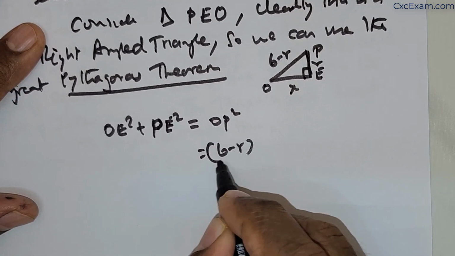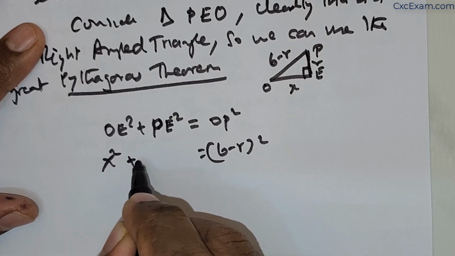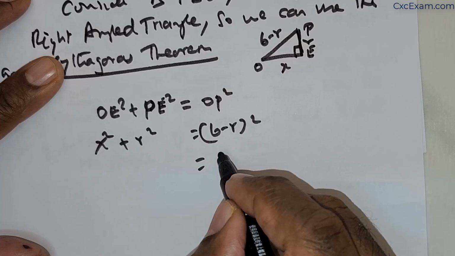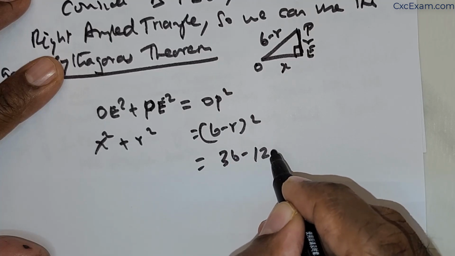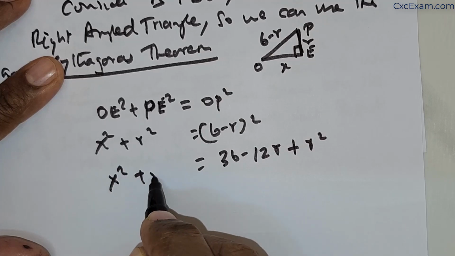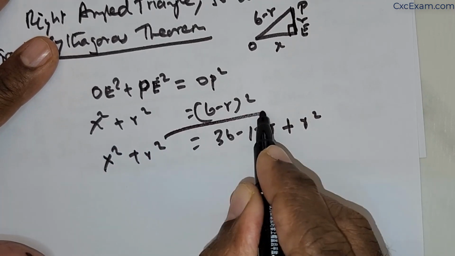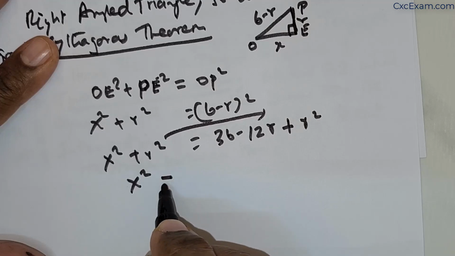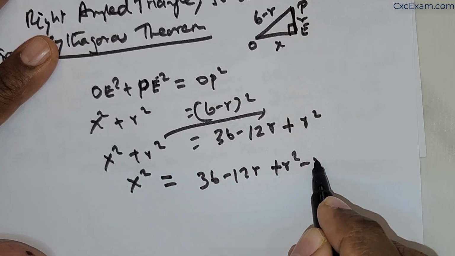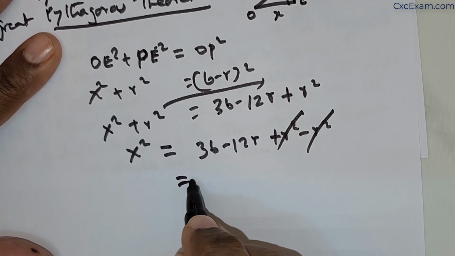Now this is (6 minus r) squared, x squared plus r squared. This is going to be 36 minus 12r plus r squared, and x squared plus r squared. Move this r squared to the other side, you get x squared is equal to 36 minus 12r plus r squared minus r squared. They get cancelled.